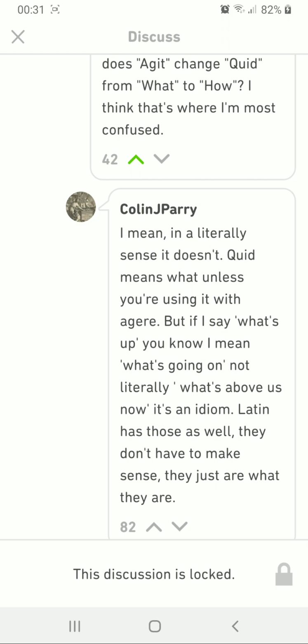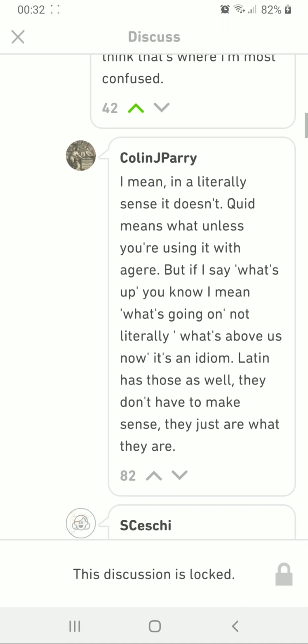In a literal sense, it doesn't. Quid means what unless you're using it with agere. But if I say what's up, you know, I mean what's going on, not literally what's above us. It's an idiom.